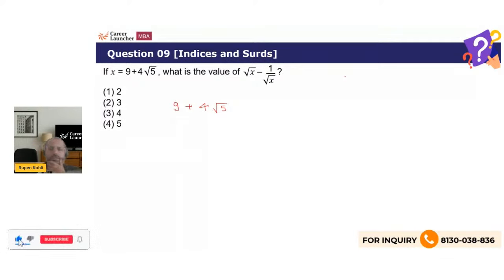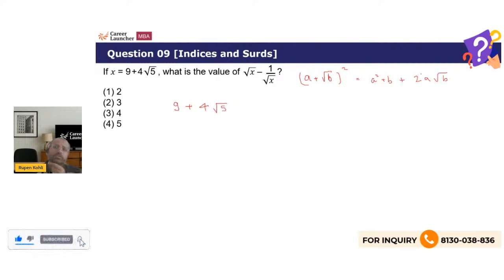So think of this. When you take the square of a plus root b, what do you get? The integer part is a square plus b, and the surd part is 2a root b. So try to link in that way. So this is 2a root b and this is a square plus b. 2 is there and this is 2 into then 2 root 5. So 2 root 5 is a root b.